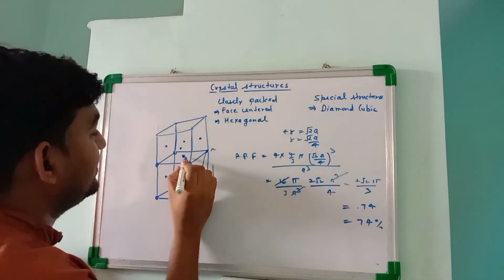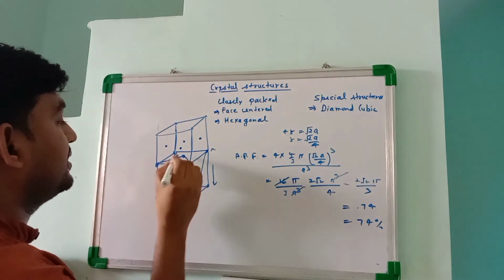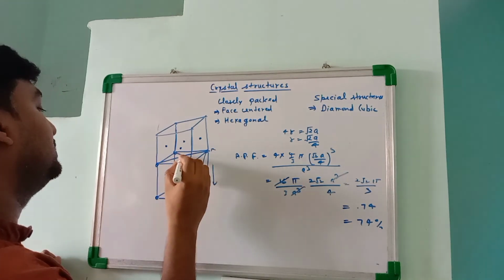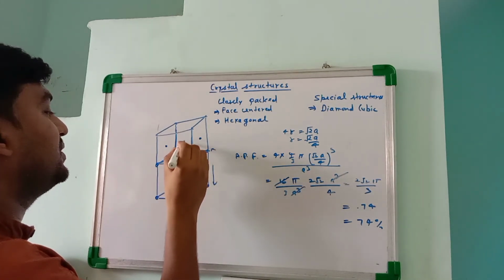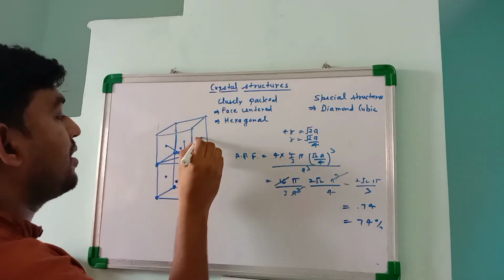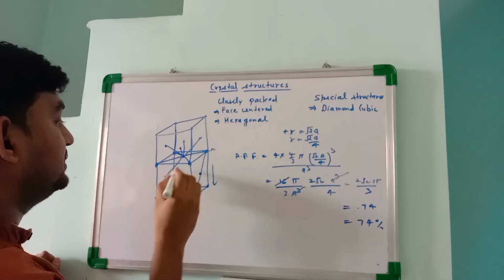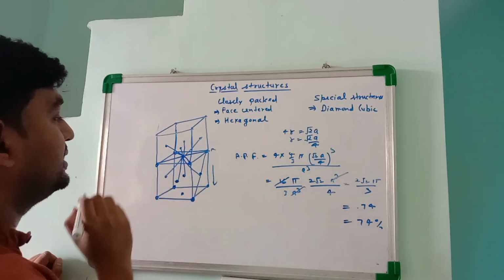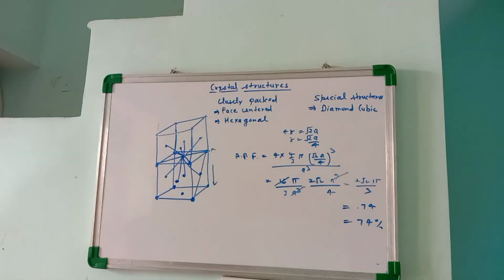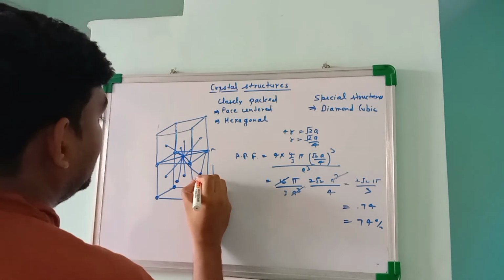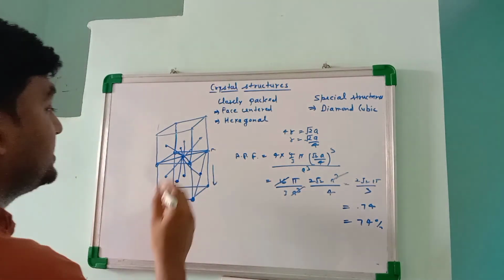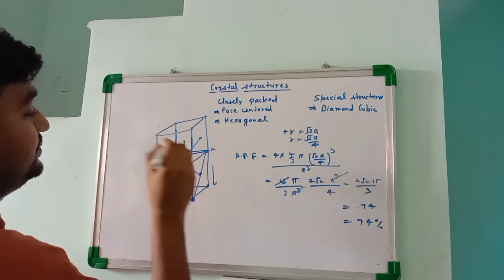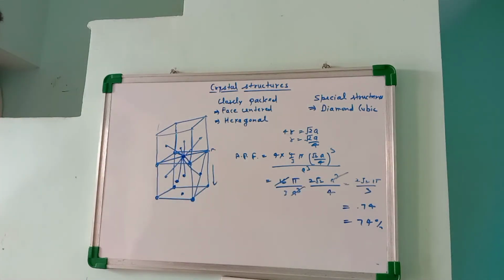So the nearest neighbor distance is this. And these are 4 more atoms which are nearest neighbors. The drawing may not be good, but these are the nearest neighbor atoms for this reference atom in the face centered cubic layers.